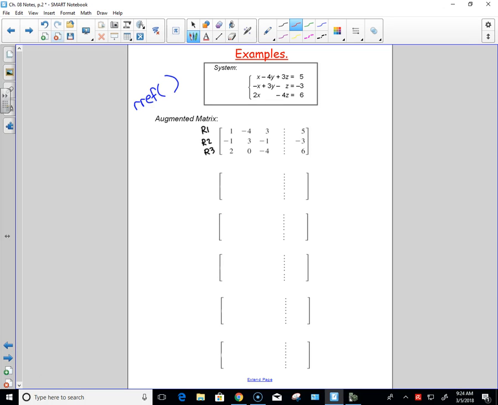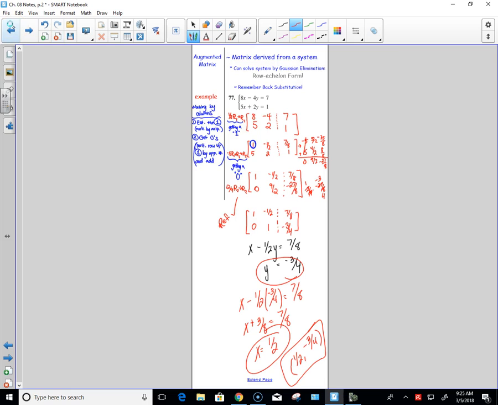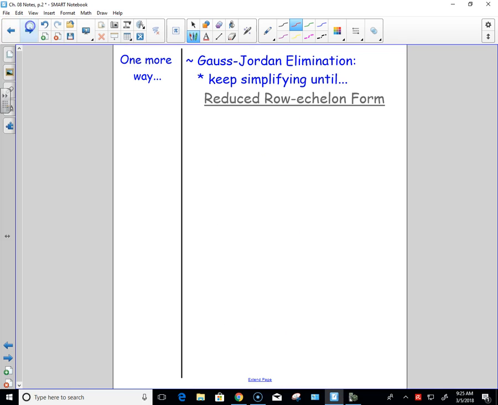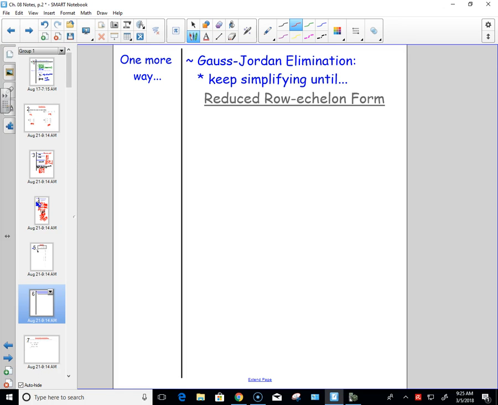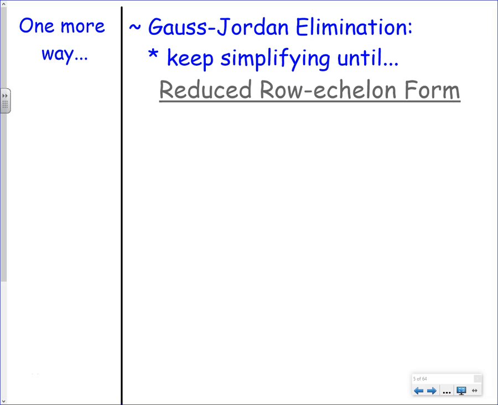But there is something cool called RREF. Not just REF. What we just talked about was row echelon form, but there is something called reduced row echelon form. I'm going to actually move this before the other page, before the example practicing it. We don't have to stop with just the ones and then the zeros below.